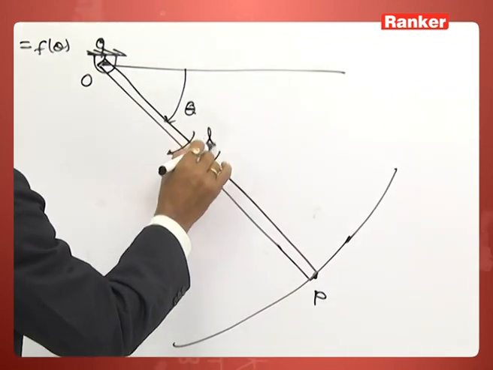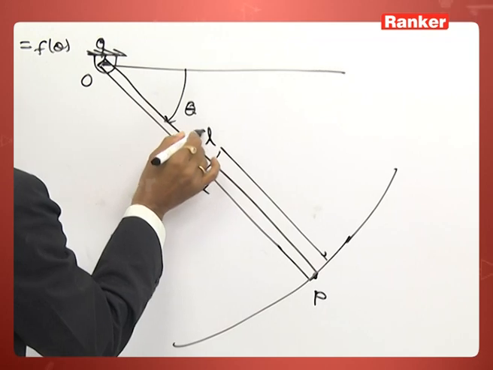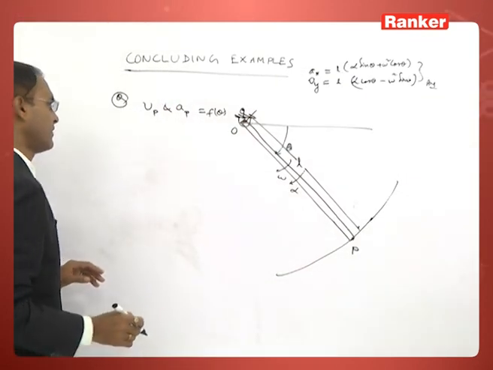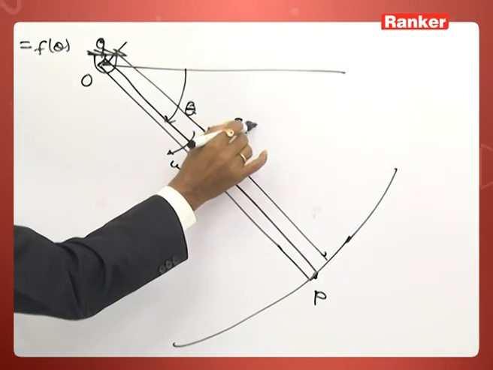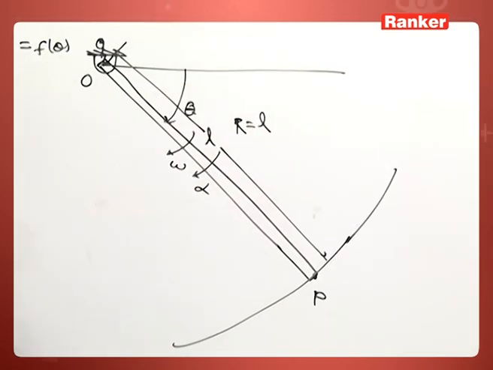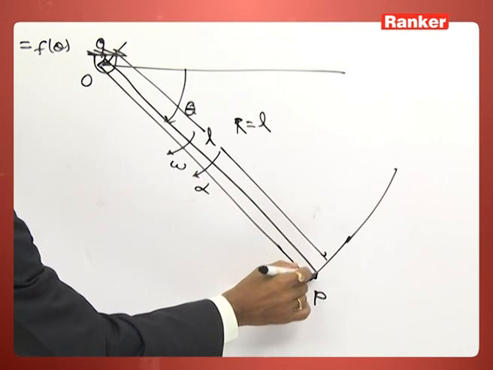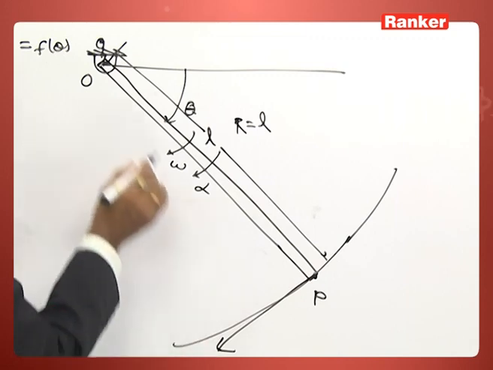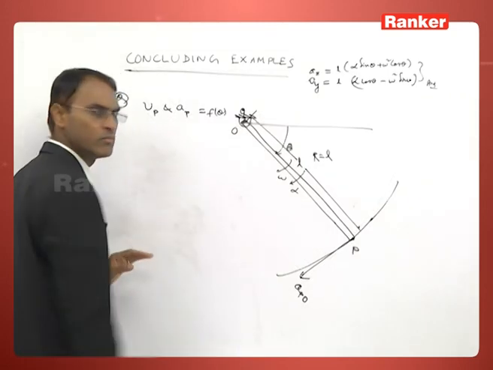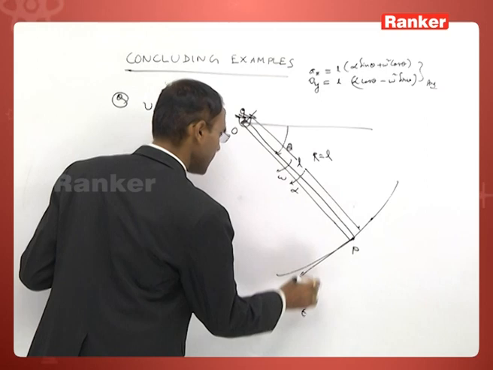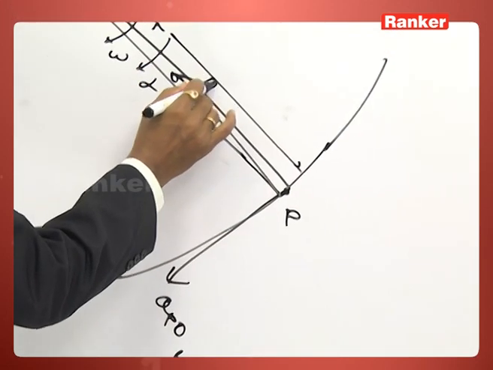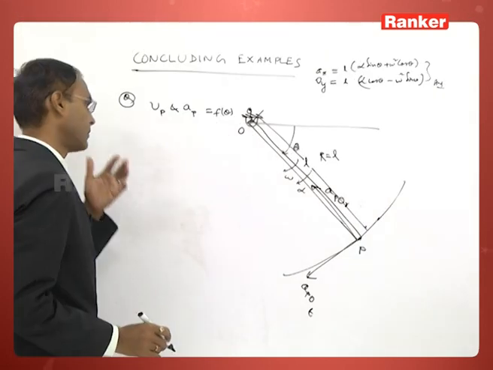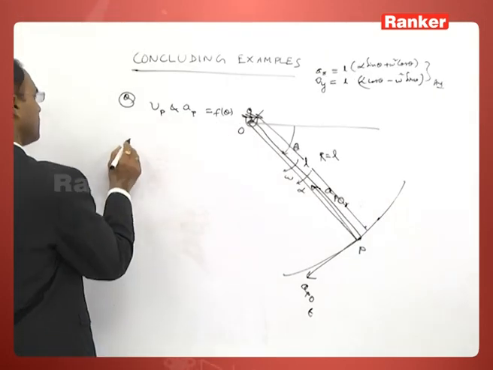Since the length of the rod is L, the radius of the circular path must be L. So, R is equal to L. This point P has some acceleration with respect to O along tangential direction and along radial or normal direction.